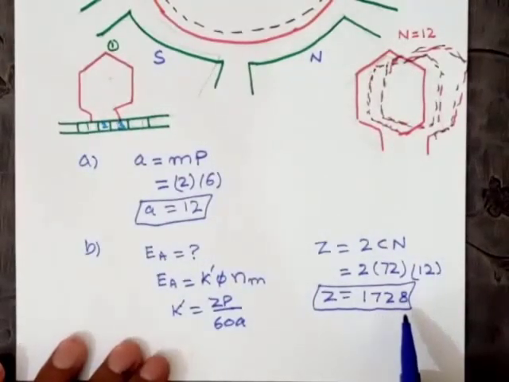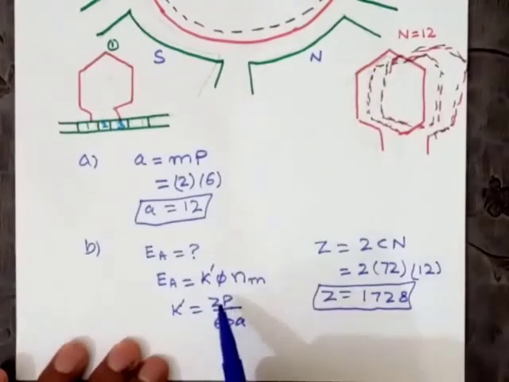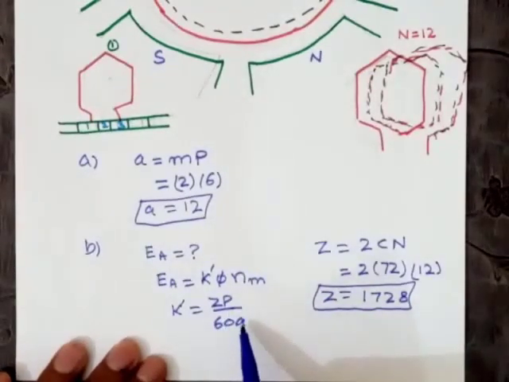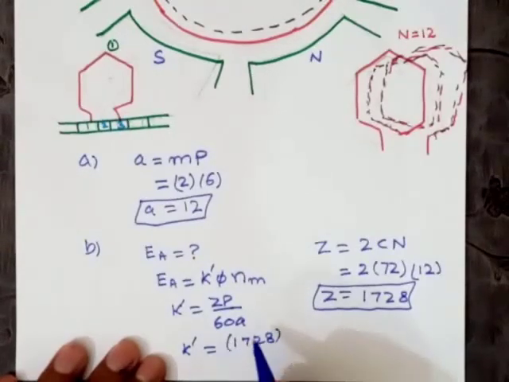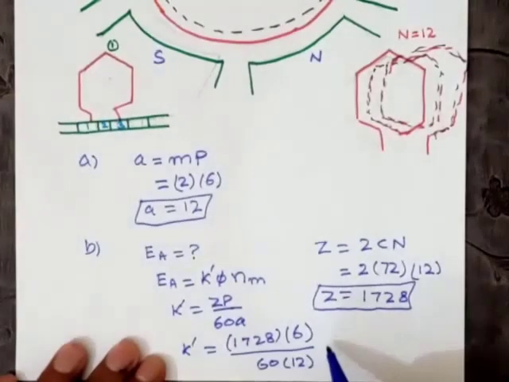Now, putting the value of number of conductors, number of poles and number of parallel paths in this equation, we get K dash is equal to 1728, the value of Z, into 6, the value of P, divided by 60 into the value of A, which is 12. By solving this equation, we get the value of K dash is equal to 14.4.